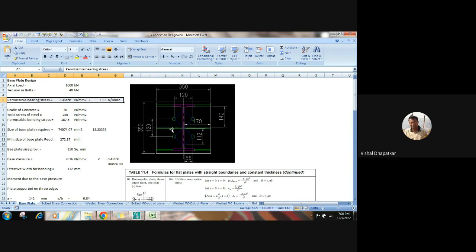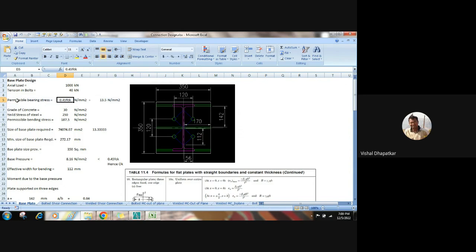We are saying that the total compression will be transferred by bearing of the base plate against the pedestal. Since we are considering the base plate as sufficiently rigid, it will transfer equal pressure on the pedestal. So what is the bearing stress for the concrete?